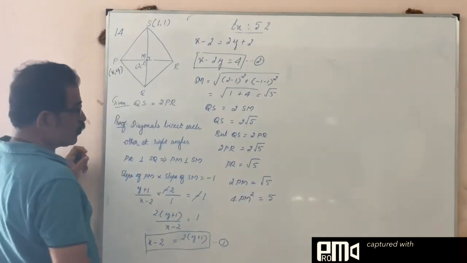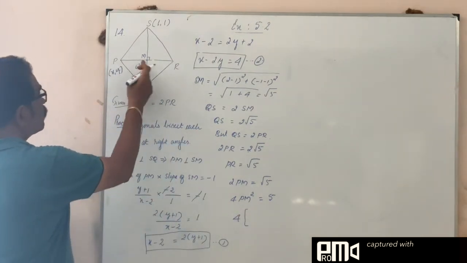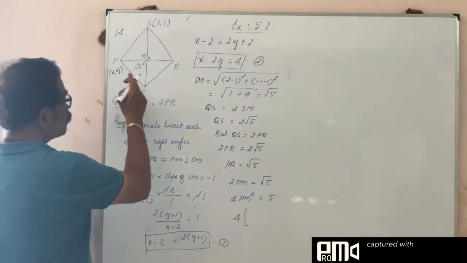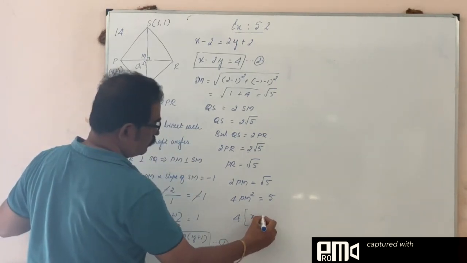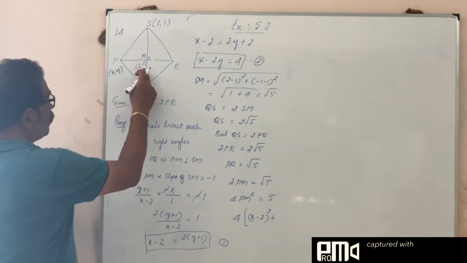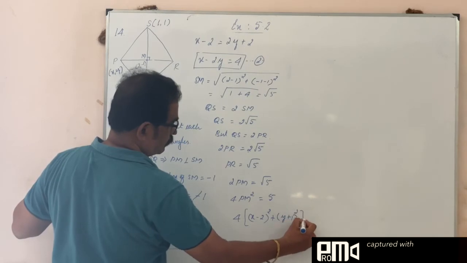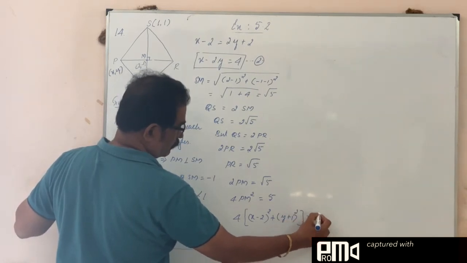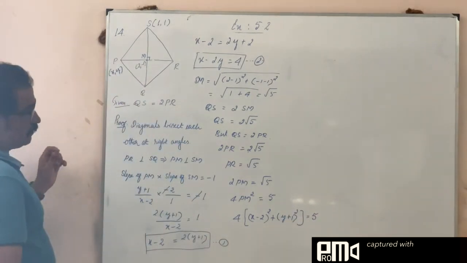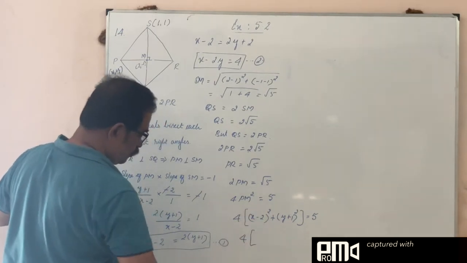What is PM square? Distance: (x minus 2) the whole square plus (y plus 1) the whole square. So 4 times (x minus 2) the whole square plus (y plus 1) the whole square is equal to 5.